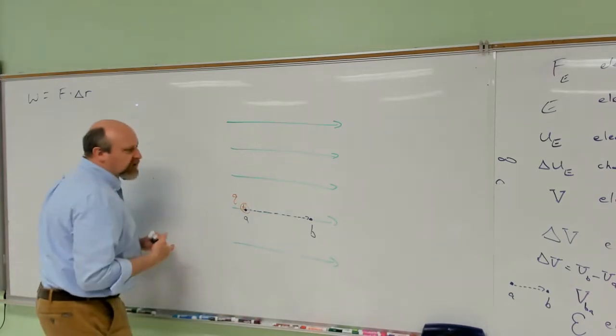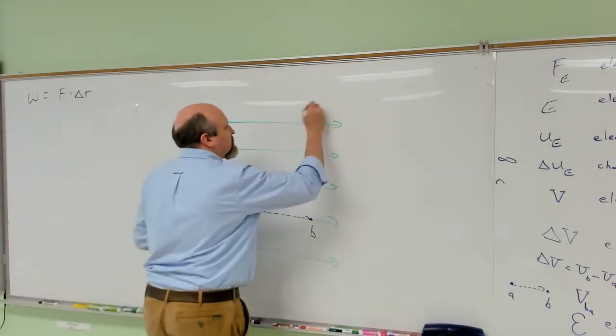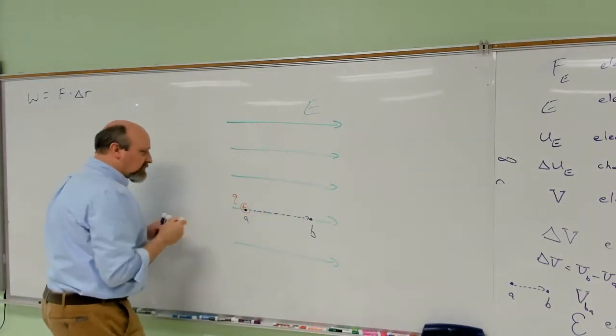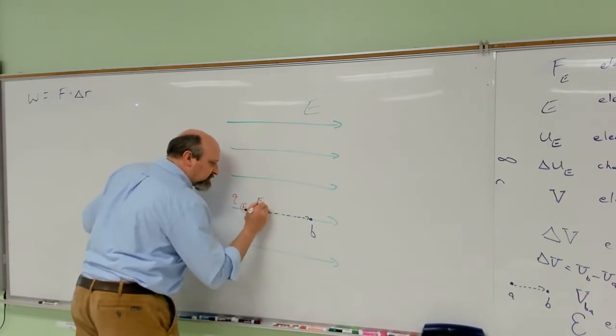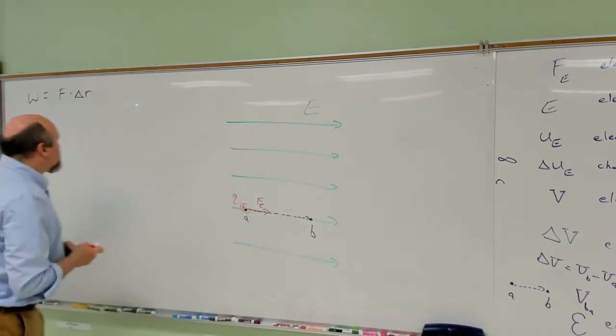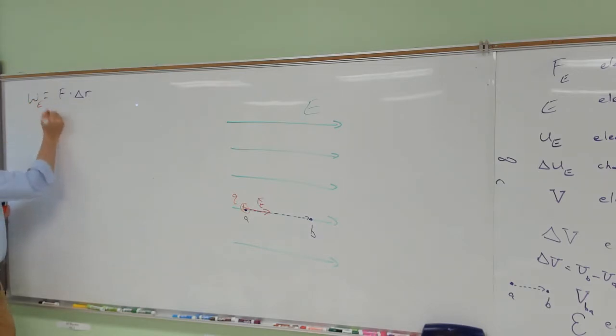And I remember the electric field lines always show the direction of the force on a positive charge. So I can draw my force vector in like this. My electric force would be pushing that way and it would be moving that way. And so I could calculate that work done. I'm just going to say the work done by that electric field would be the electric force dotted with the distance we push through.